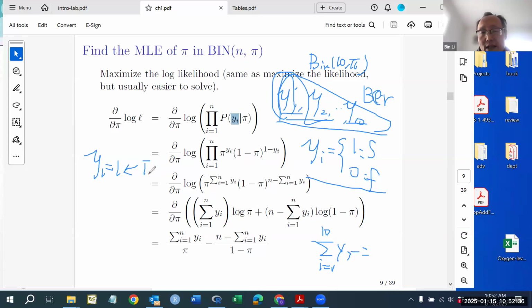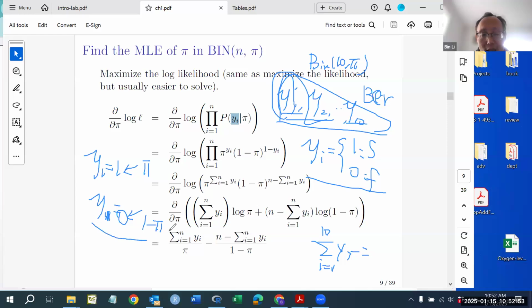It's pi, is that right? Okay, if y1 is, I'm sorry, y1 is 0, what is the probability of observing that? It's 1 minus pi, is that right?